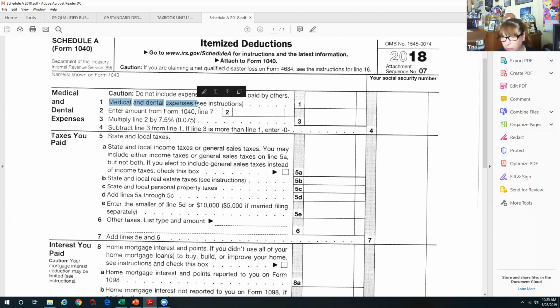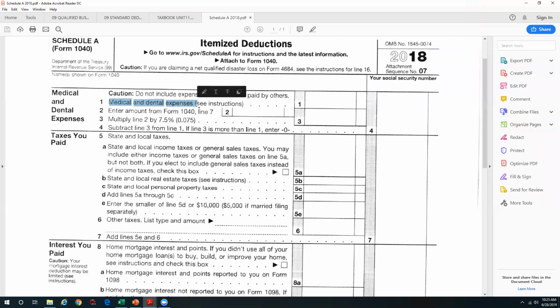Yes, because you paid it. That's one of the rare times. Keep in mind, it still follows the rule: you claim it in the year you actually pay it. But if in the year you incurred it you were able to claim that person on your return, you still get to take that expense in the year you pay it. Does that make sense? A little bit tricky, but yeah.